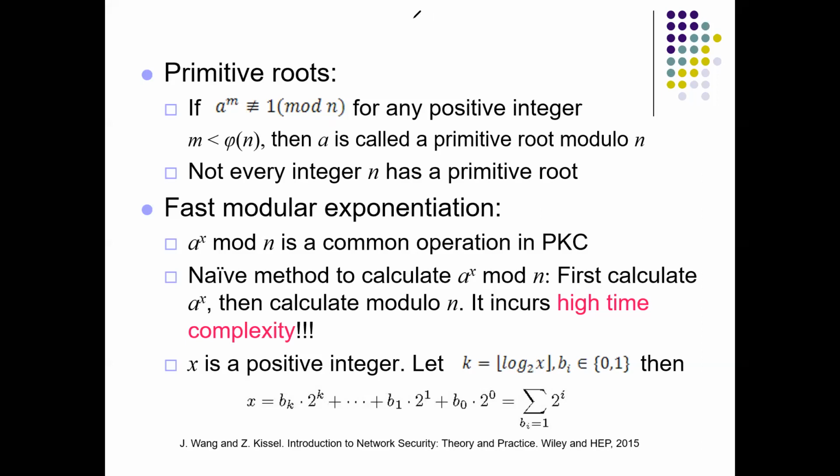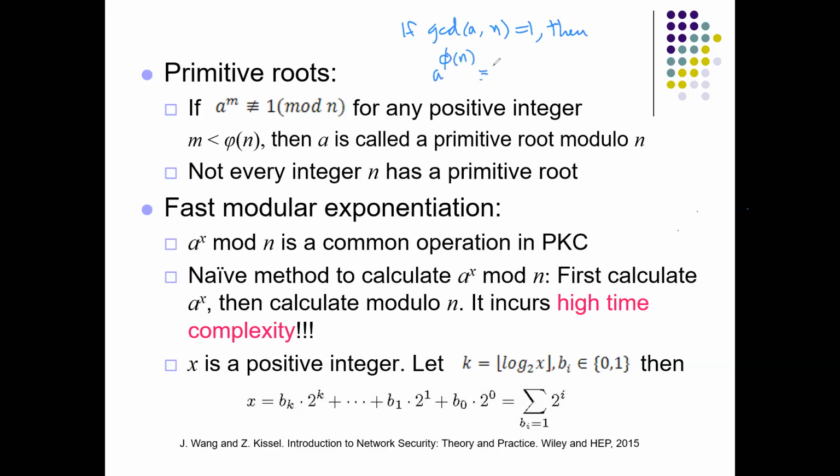We know if GCD(a, n) is 1, then by Euler's theorem, we have a to the phi of n is congruent to 1 mod n.